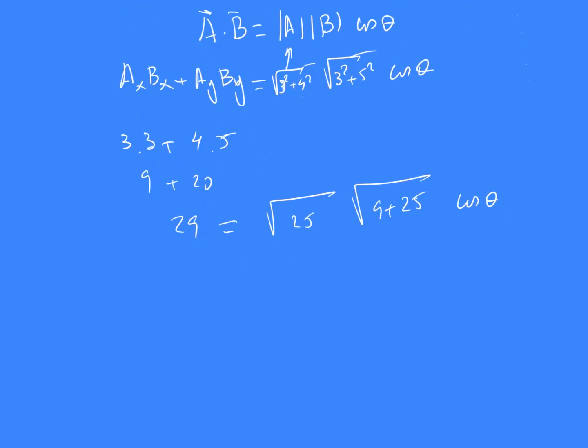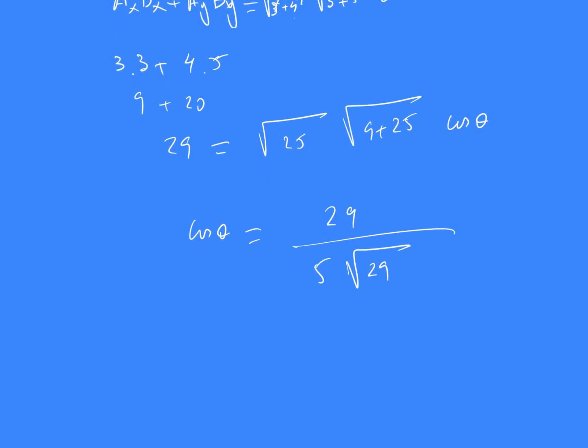Cosine of theta equals 29 divided by the square root of 25, which is 5, multiplied by the square root of 34. This will be less than 1 for sure, and theta will be the arc cosine of this amount, and you will find the angle.